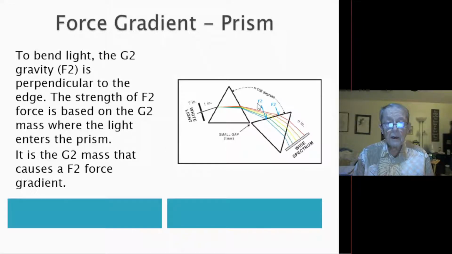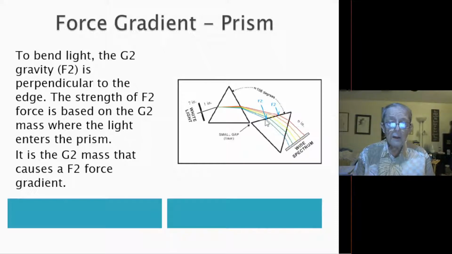So here's a force coming out, and it's perpendicular. Both are perpendicular, and this is the net G2 force of G2 gravity. The strength of the force is based on the mass where the light enters the prism.